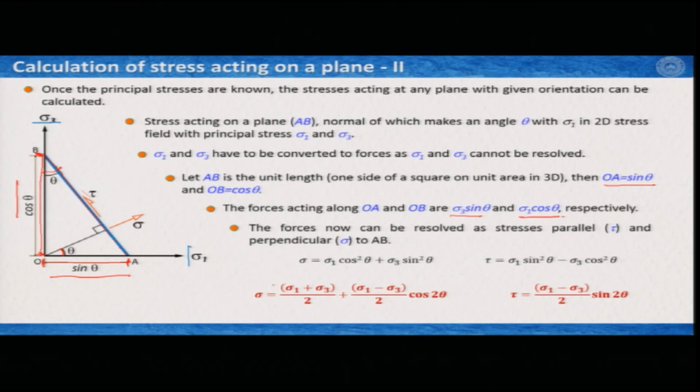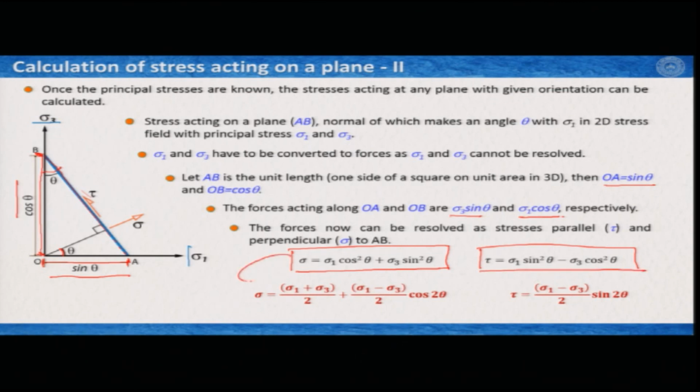So therefore we got the forces along OA and along OB. Out of these forces we can transfer to the stress because we have the areas. So therefore we can finally figure out what would be your normal stress component, which is sigma here, and what would be your shear stress component, which is tau here.